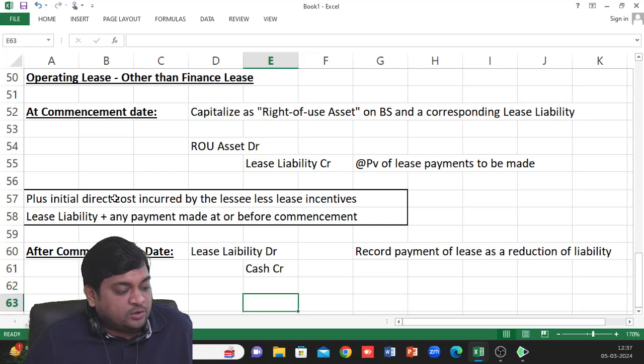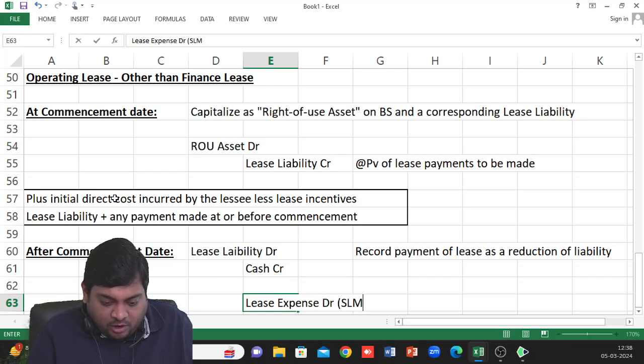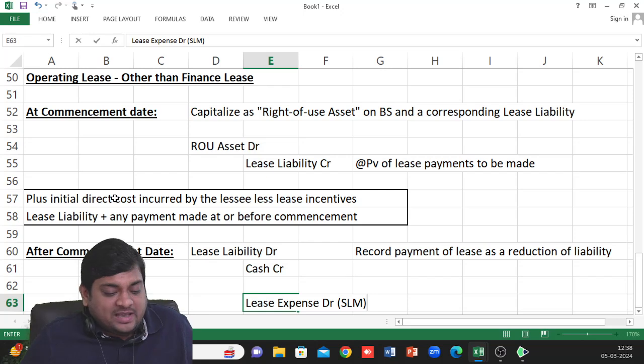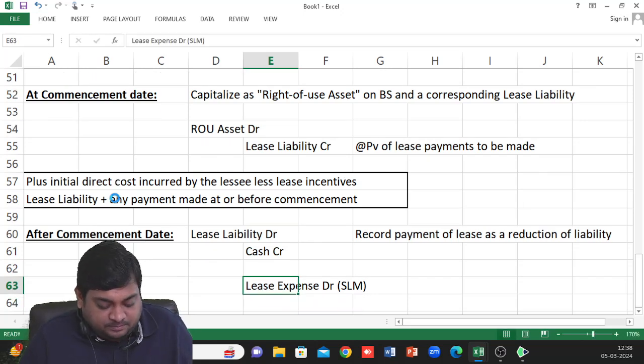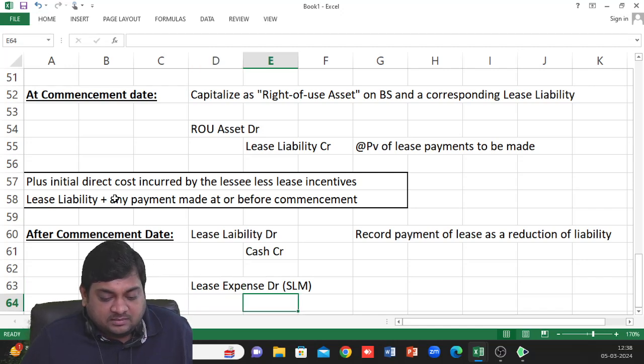Then what are we going to do? Lease expense debit, and here we will follow SLM. Remember, here we will follow SLM. Right?